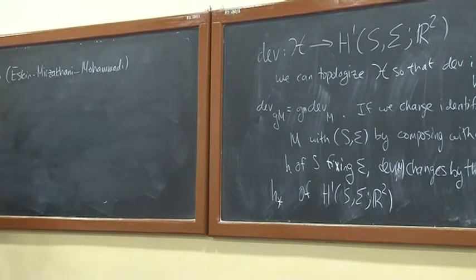So this, I'm bundling together to save time two theorems into one. There's a theorem of Eskin-Mirzakhani, and there's a separate theorem of Eskin-Mirzakhani-Mohammadi. These are two big and very important papers.